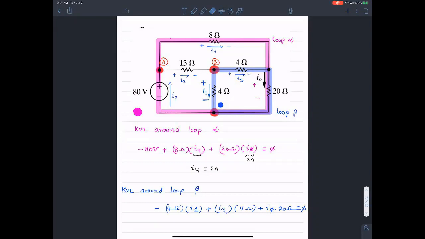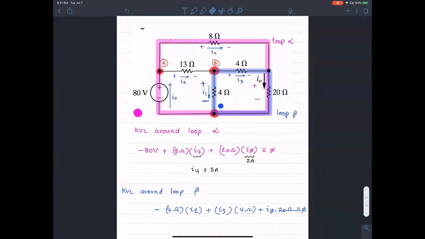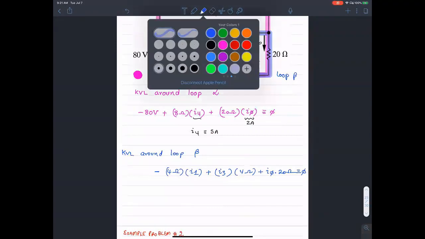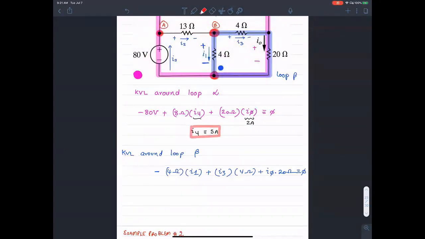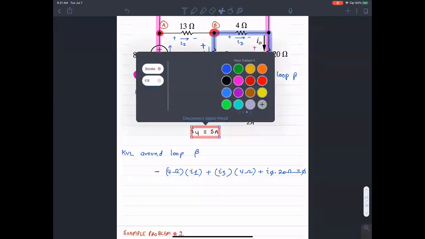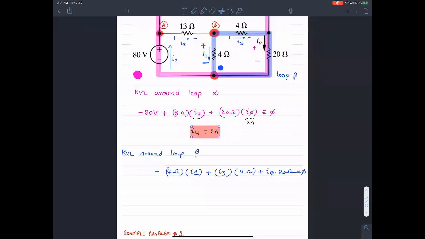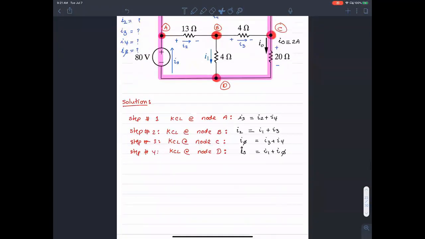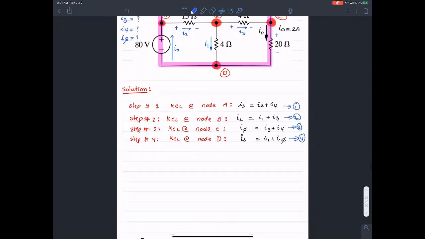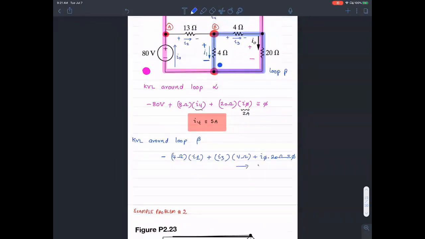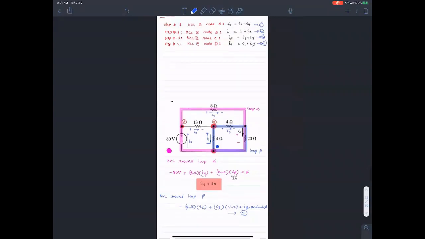From this, we should be able to rearrange these equations. If you solve the different currents, so I4 was found to be 5 amperes, and if you solve these 5 equations together, it's very straightforward to get the values for I1, I2, I3.